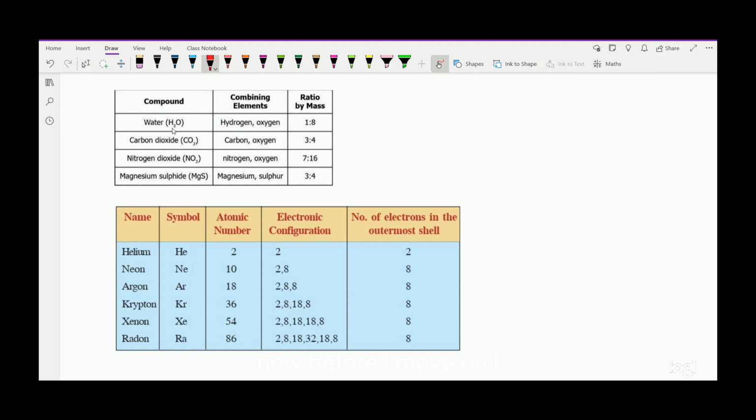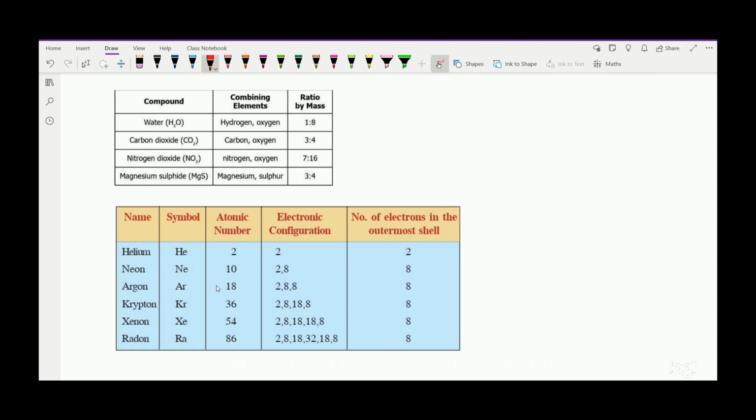Now, before I move on, I would like to also discuss the electron arrangement of noble gases. So, I have over here at the table at the bottom, the list of all the noble gases that are in the periodic table.